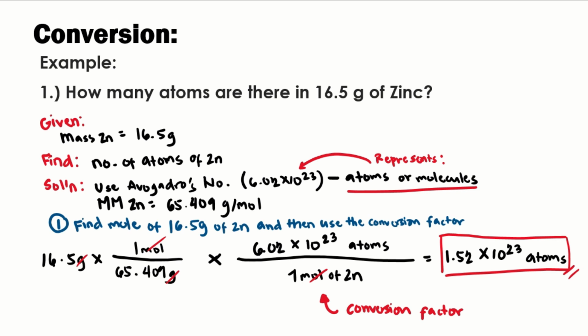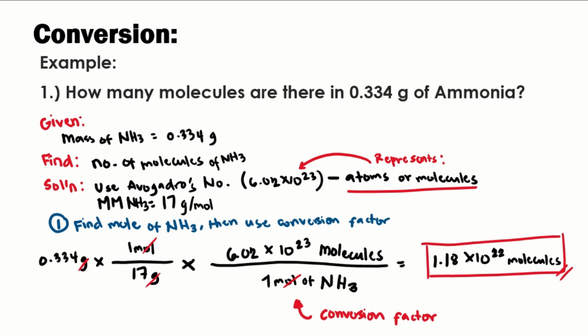So, let's have another example. Sample problem number 2. How many molecules are there in 0.334 grams of ammonia? Here, class, we are asked to find molecules. Why molecules? Because, take note, ammonia is a molecular compound.